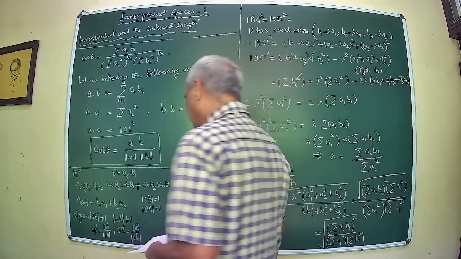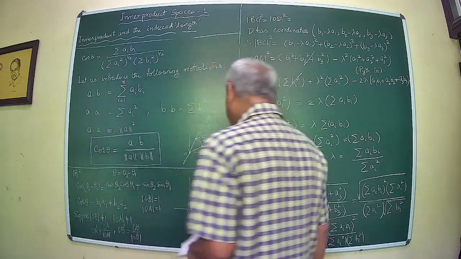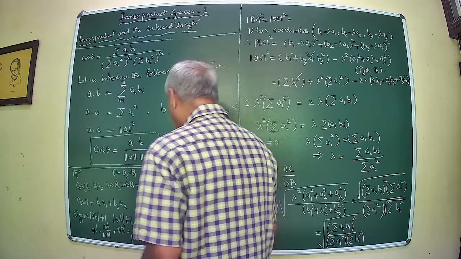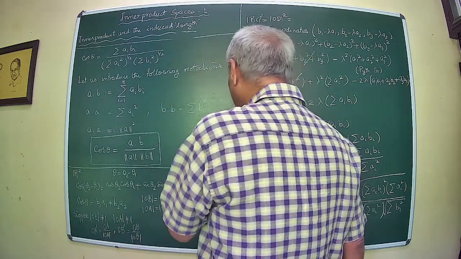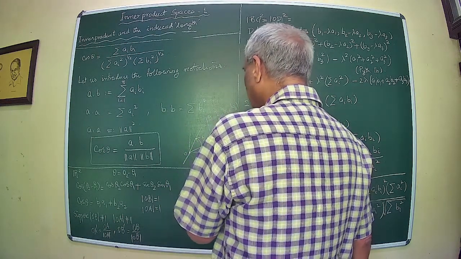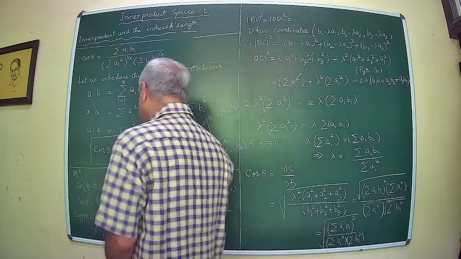So the coordinates of A prime, coordinates of B prime in that case are the coordinates of A divided by the length of OA and the coordinates of B divided by length of OB, and then you compute it.